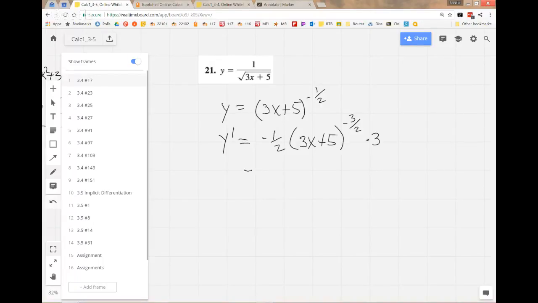And then, just trying to simplify this, we have a negative 3 over 2, and then we have 3x plus 5 on the bottom to the positive 3/2, and then you could write that as negative 3 over 2, and on the bottom, square root of 3x plus 5 cubed. So that would be number 21.